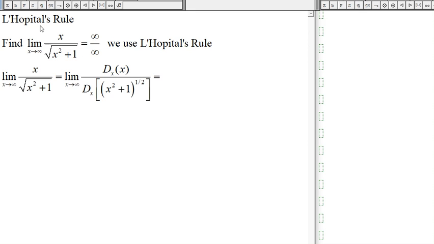So the derivative of the top would be x, the top is 1.